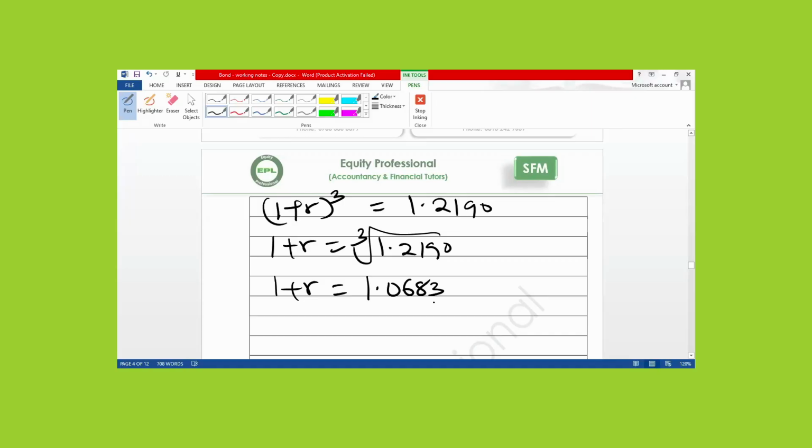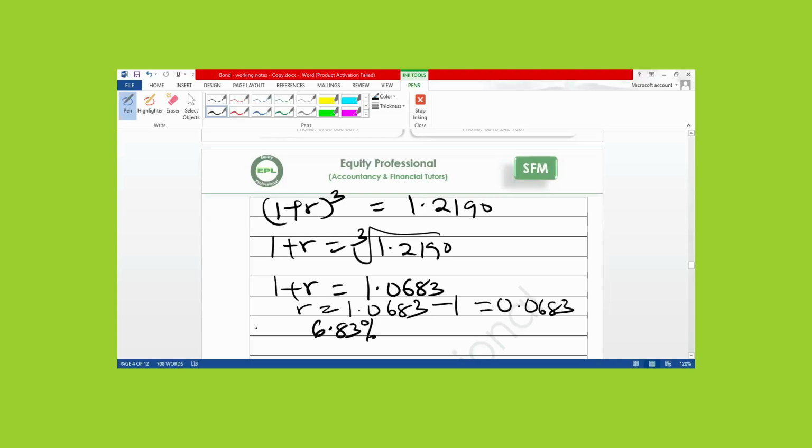Do you have the cube root there? Yes, sir. Therefore, my r is 1.0683 minus 1, which is 0.0683. In percentage, multiply by 100: 6.83%.